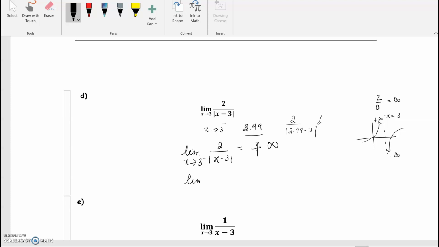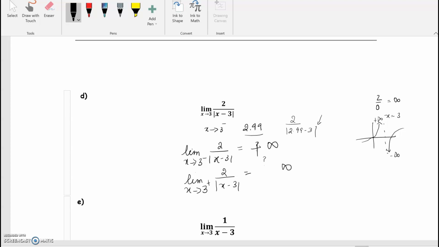Let's do the exact same thing. Limit as x approaches 3 from the right, 2 over absolute value of x minus 3. And now I know my answer is infinity, but I need to determine the sign of the infinity.